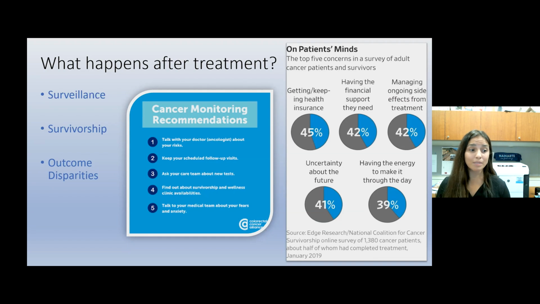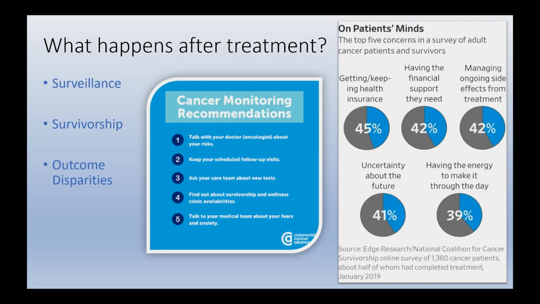The next and ultimate step is to participate in a survivorship program to help improve quality of life and promote longevity. There's also evidence of disparities in outcomes, and for various reasons, disadvantaged people sometimes do not do as well. These topics, surveillance, survivorship, and outcome disparities, will all be explored in great detail during our class named What Happens After.